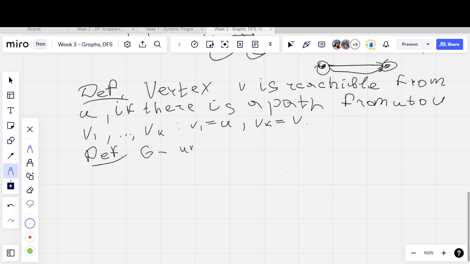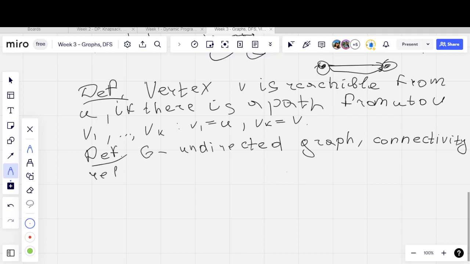Consider G, an undirected graph, and we consider a connectivity relation between u and v.